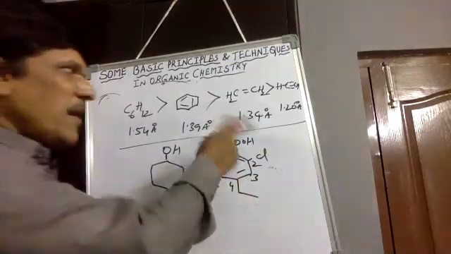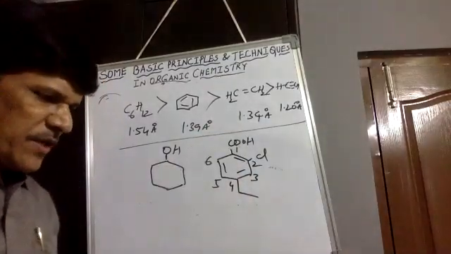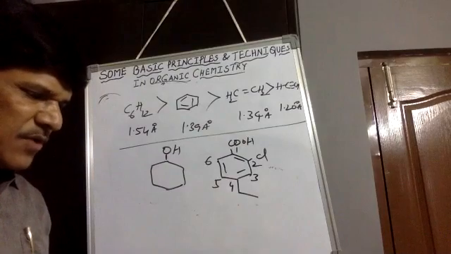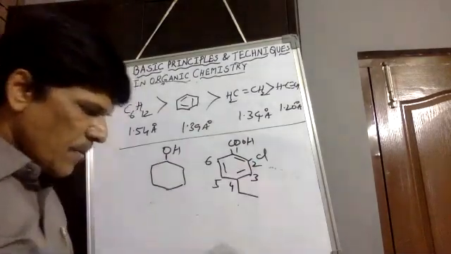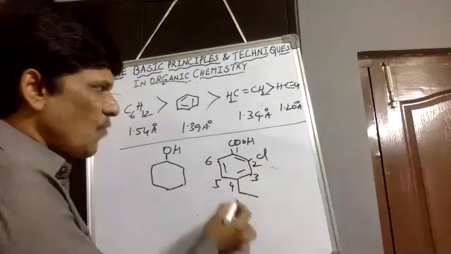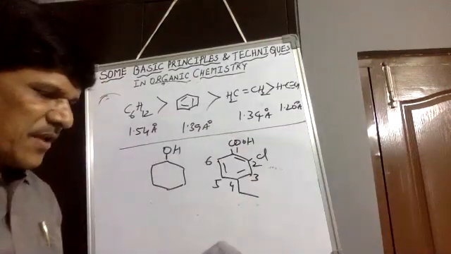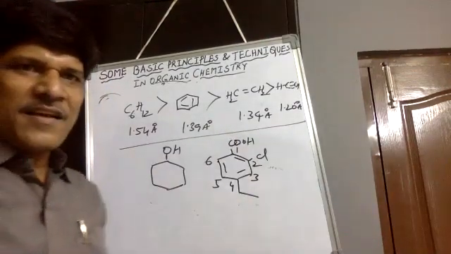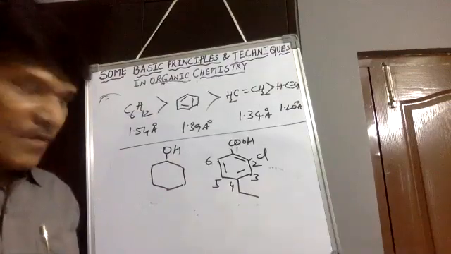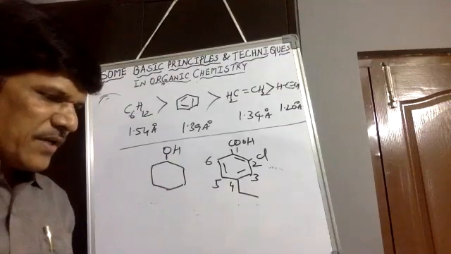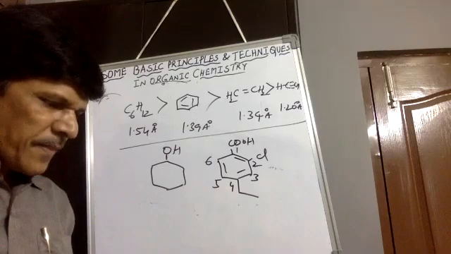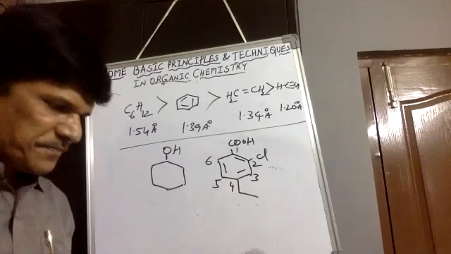Here the highest priority goes to COOH. Therefore 2-chloro, 4-ethyl benzoic acid. That is exactly correct, option D. Therefore 72 is the answer. Then 73.